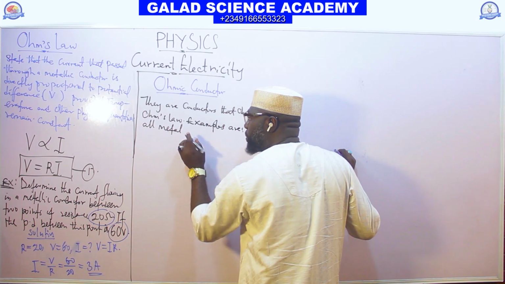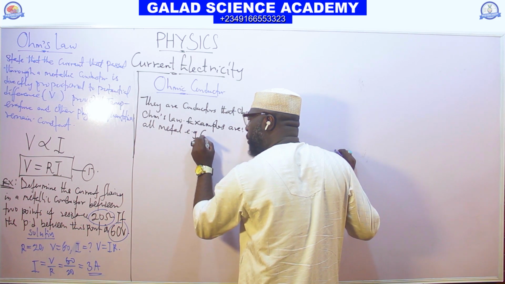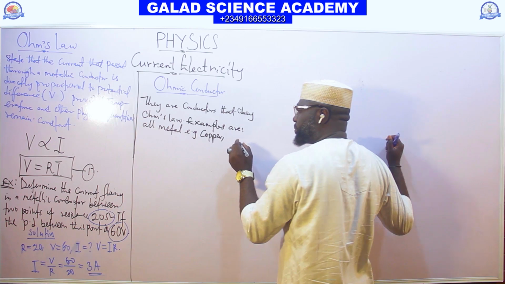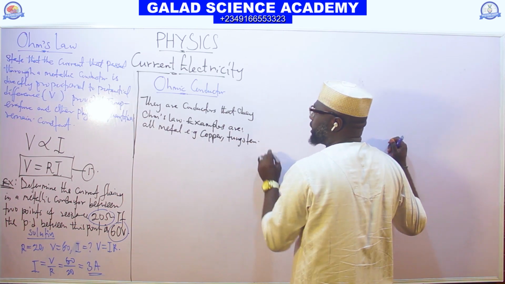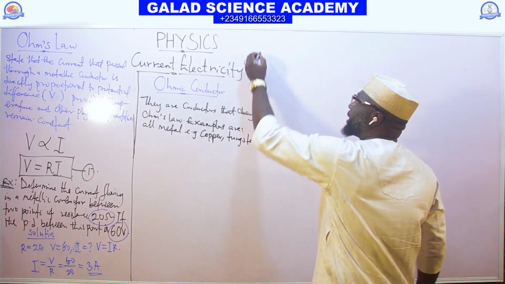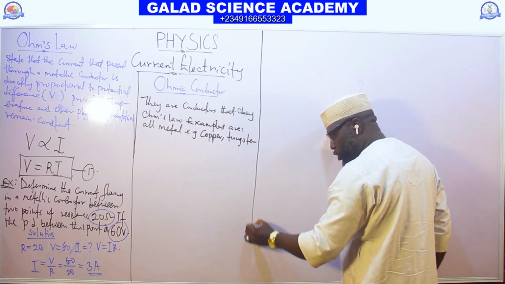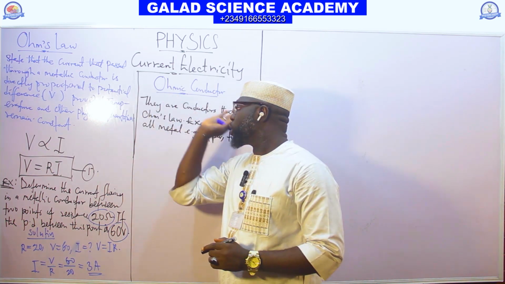All metals are ohmic conductors. Examples of metals are copper and tungsten. So any metal that obeys Ohm's law is called an ohmic conductor.